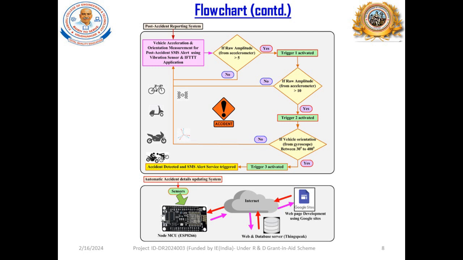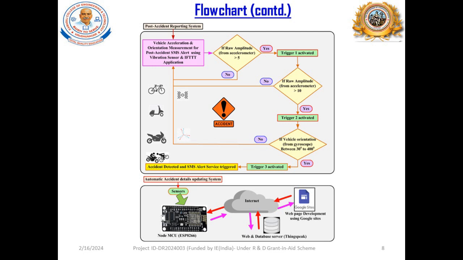And if the raw amplitude from the accelerometer is greater than 10, trigger 2 is activated. Also, if the vehicle orientation from the gyroscope is between 30 degrees and 400 degrees, trigger 3 will be activated. Once trigger 3 is activated, it means the accident is detected.